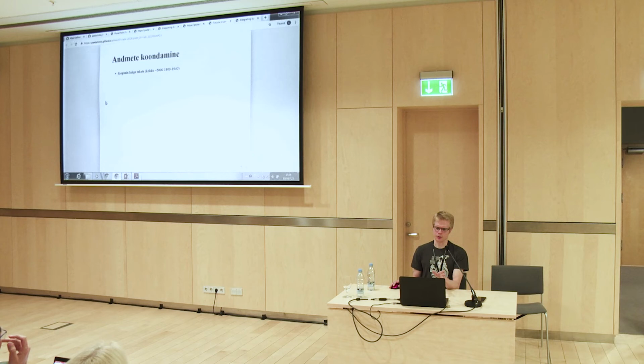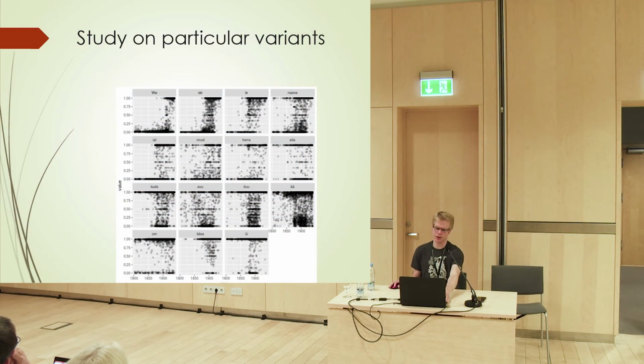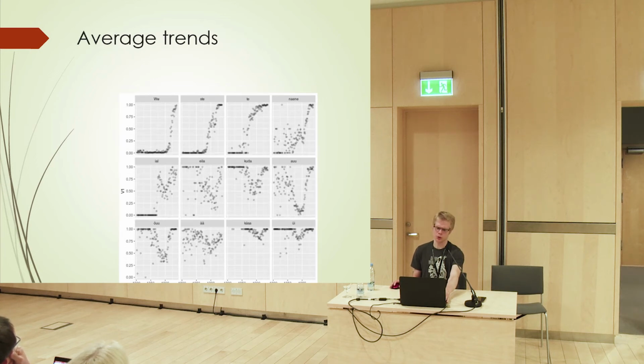So you can do this for many texts at the time, many of these variants at the time. You get something like this. One dot for each point, and then you can average these trends, and actually they make sense. So they went from this older form into a newer form gradually and through some kind of process.